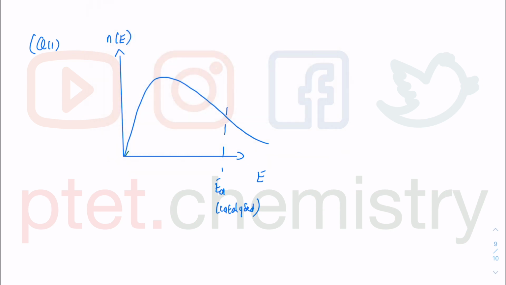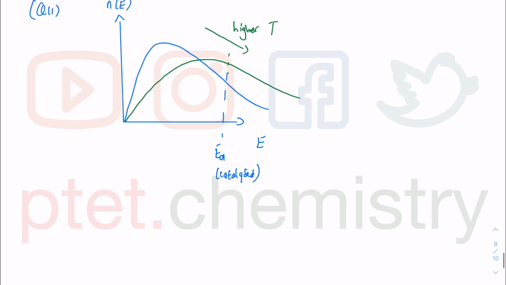At a higher temperature, the whole graph shifts to the right hand side, but the total area under the graph remains the same because your total number of particles remains the same. But as you can see, you have a greater area under the graph beyond EA. That means you have more particles with energy greater than or equal to EA, and therefore the rate of reaction increases.